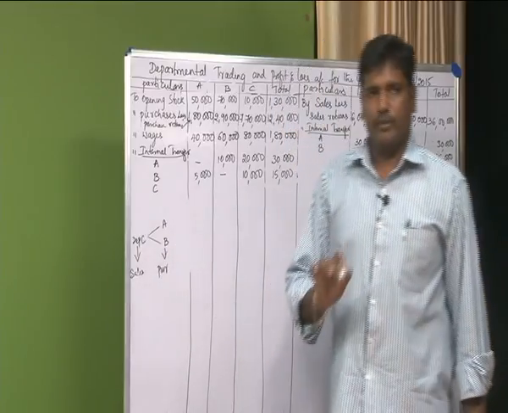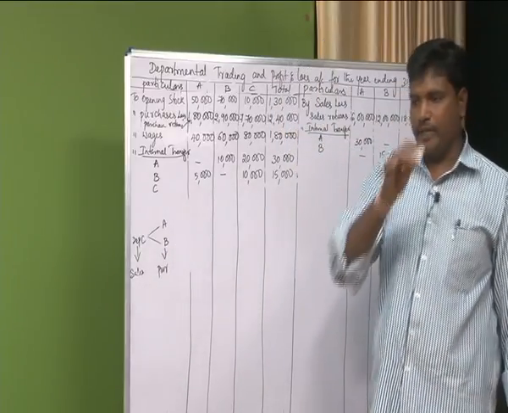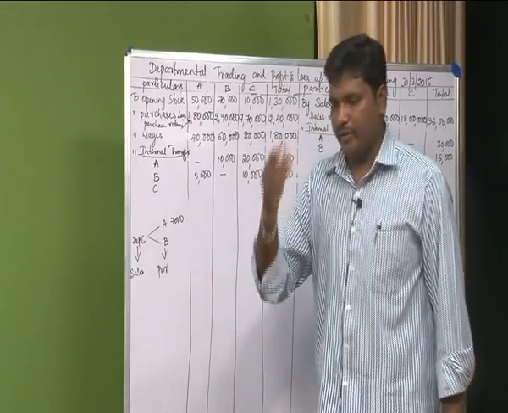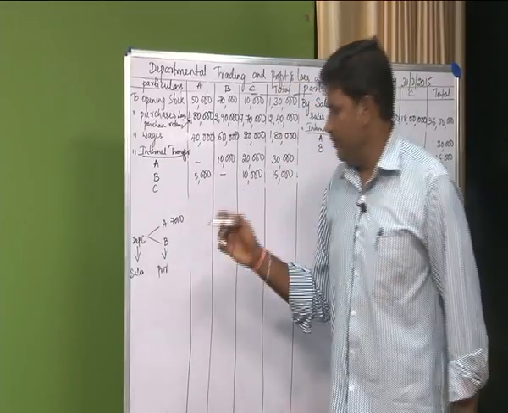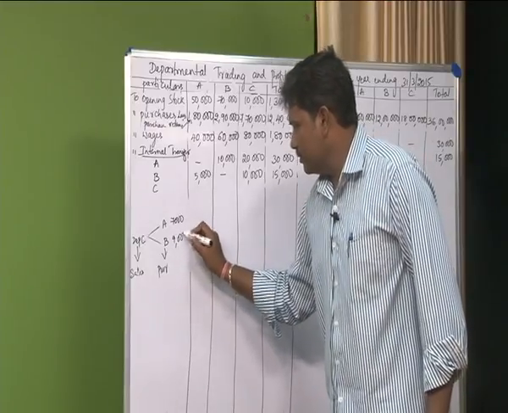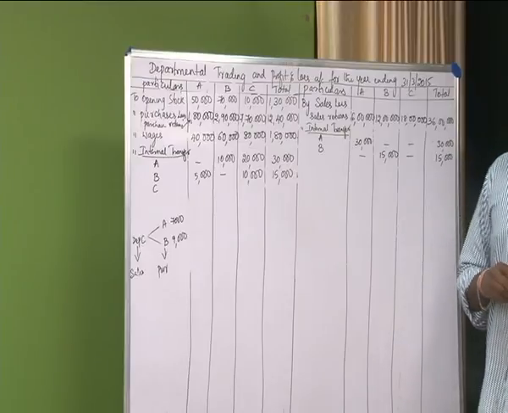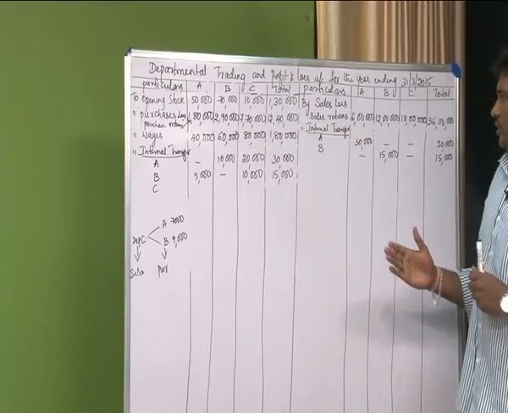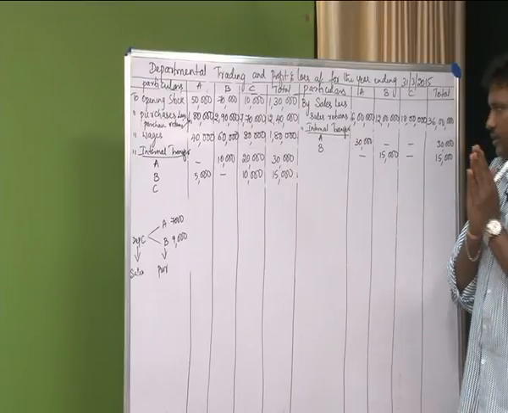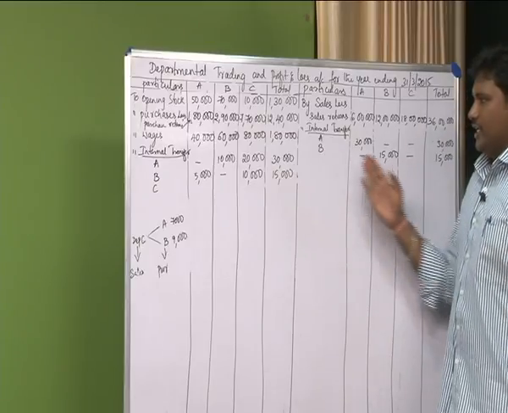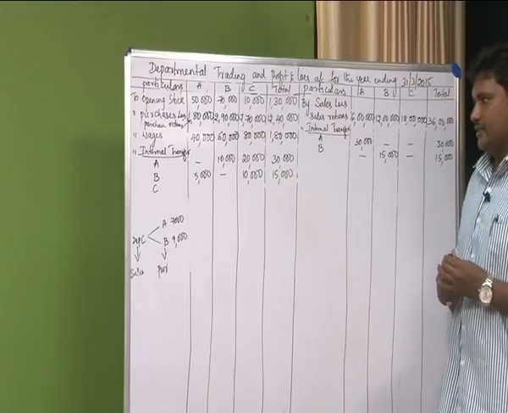Goods transferred from department C to department A is 7,000 and to department B is 9,000. Now I will give you time. You think and tell me how much is to be credited and how much is to be debited.